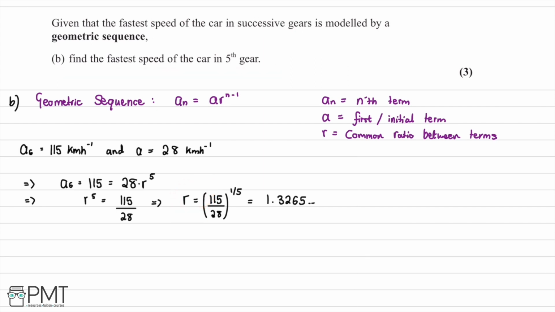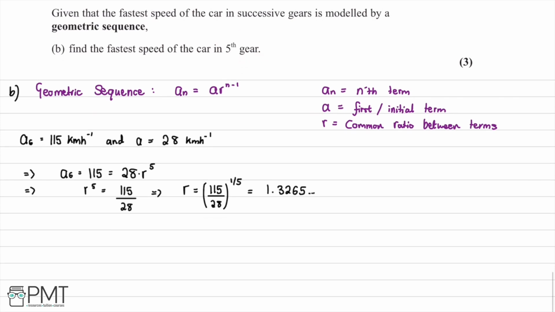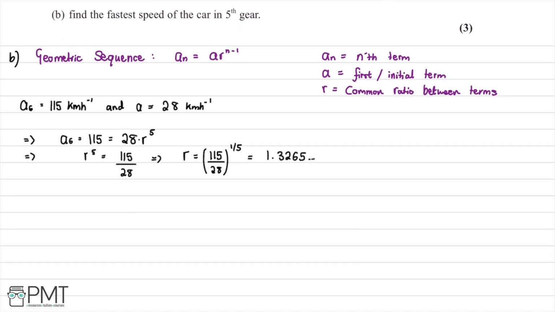So we've worked out what r is, so we can now answer the question where we're asked to find the fastest speed of the car in 5th gear. We use the information we've just found, so we want the 5th term, and this is going to be equal to 28, because that remains the same, multiplied by our newly found value of r, which is 1.3265.